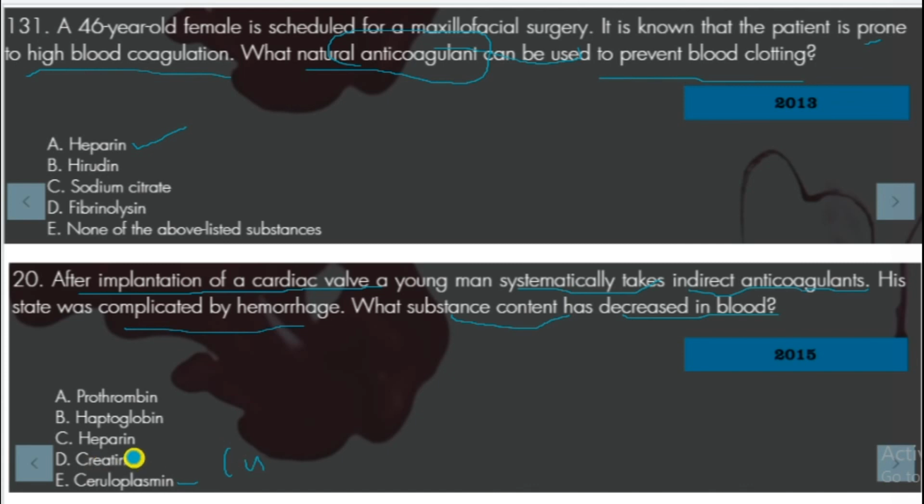Creatine, no, it is a muscle waste product. Heparin is a natural anticoagulant. Haptoglobin, it's not. Prothrombin, yes, prothrombin is converted to thrombin.